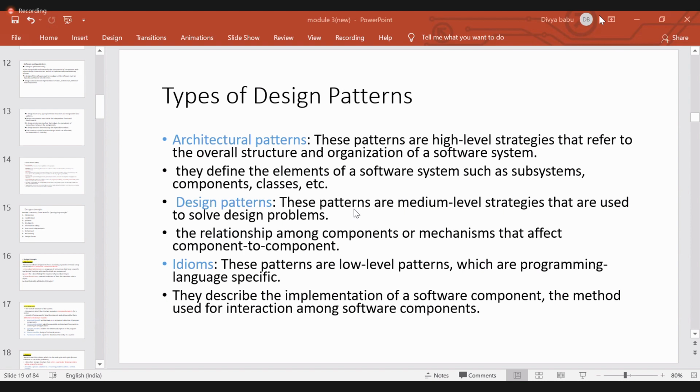That is a higher level strategy, meaning the overall structure and how it is organized together. Here, what is a component? When it comes to the building, different departments. We can assume different departments as different components, and how they are interconnecting with each other. Okay.